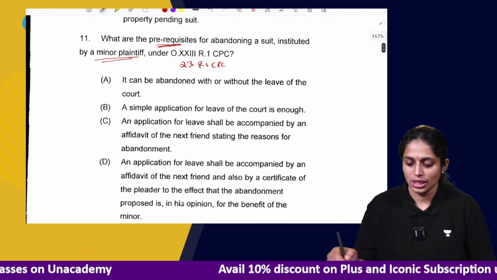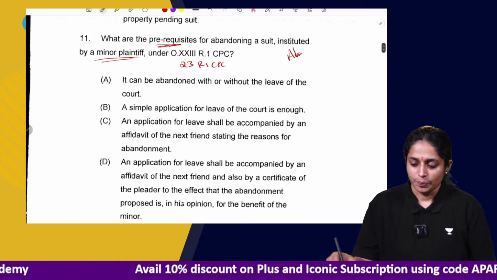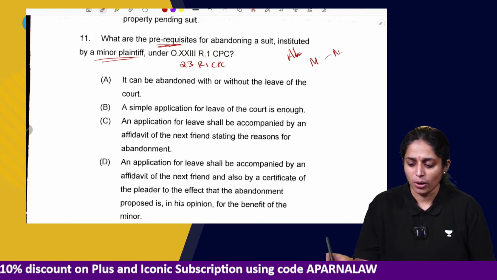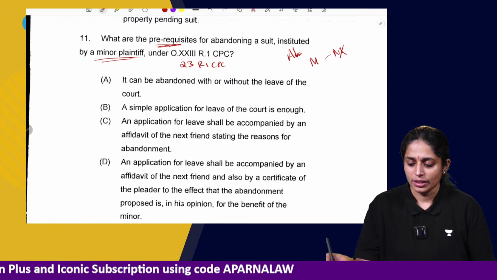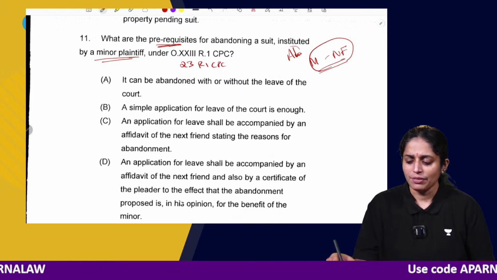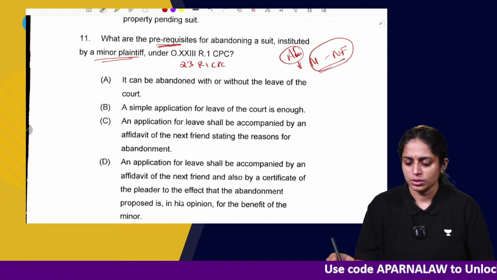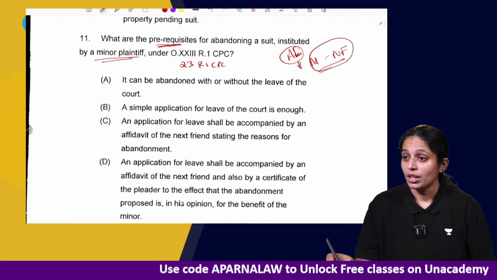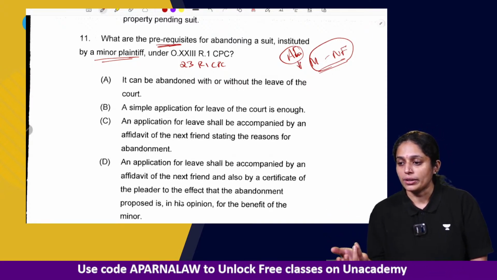Okay. So, this is a question regarding the abandonment. A suit is filed by a next friend in the name of a minor, right? If he wants to abandon the suit of a minor plaintiff, then what all things are required?